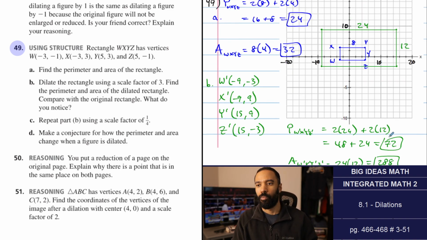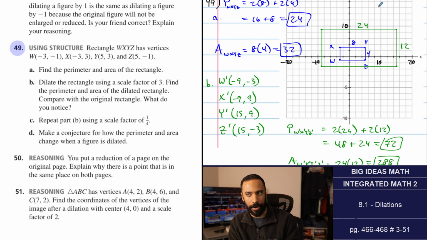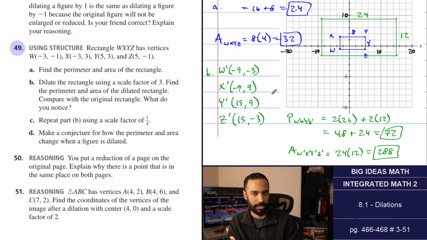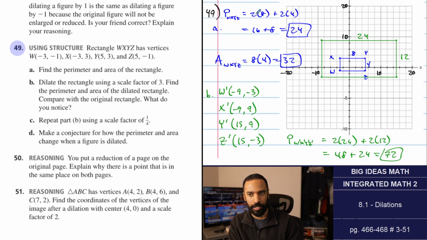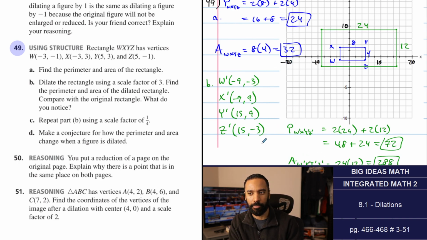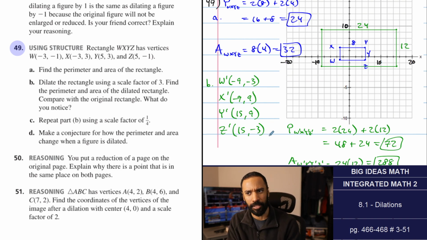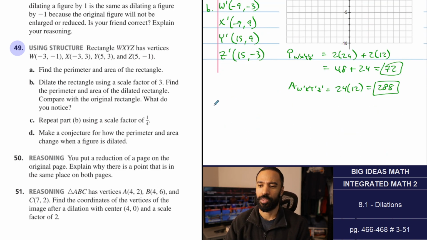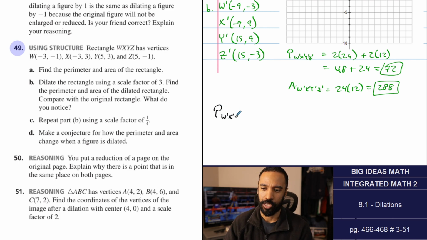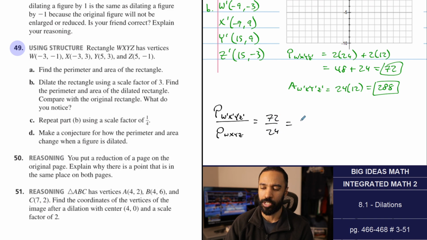Now, to compare, we've done a lot with scale factors, right? To compare these things is to do a division. We can divide the perimeter of one by the perimeter of the other, the area of one by the area of the other. And we're going to notice something a little unique here. The perimeter of WXYZ prime divided by the perimeter of WXYZ is 72 over 24, which is 3.